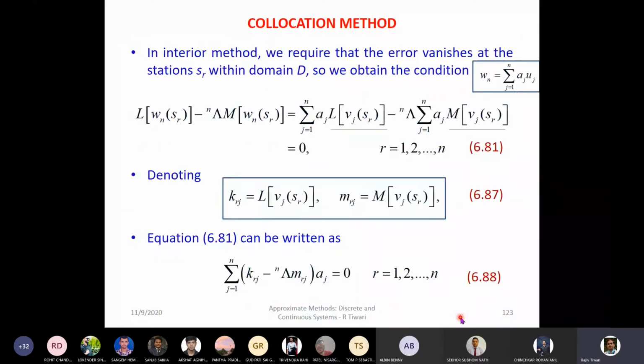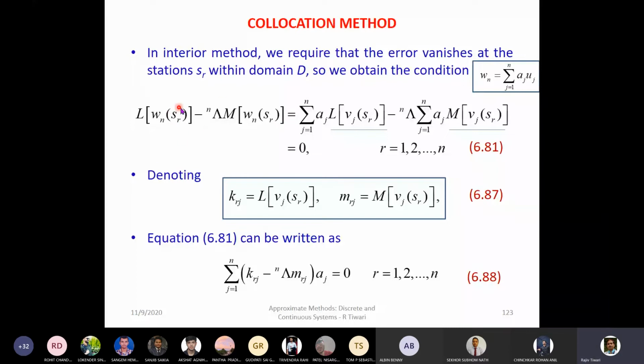What we are doing here is saying that this error vanishes at the chosen stations. We have chosen some stations in between. We are saying this error vanishes at those stations only, and from there we are getting the conditions. So now you can see that in the previous thing, this is the error.